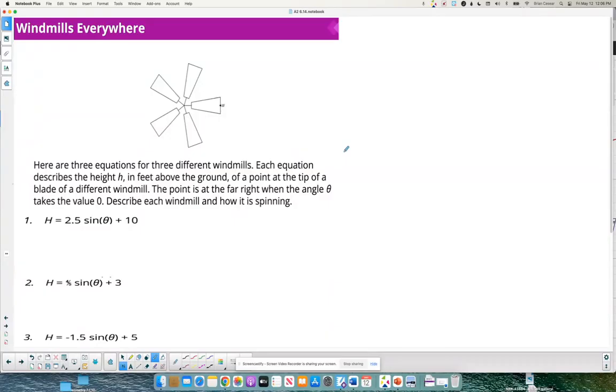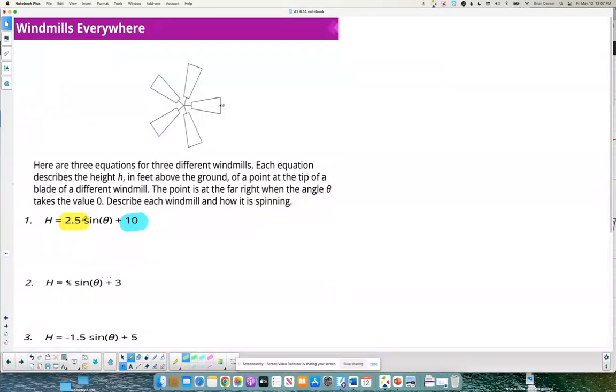Okay, so what we learned in the last unit in 6.13 was that this moves my graph up 10 units, and this value here makes the amplitude 2.5 instead of 1.